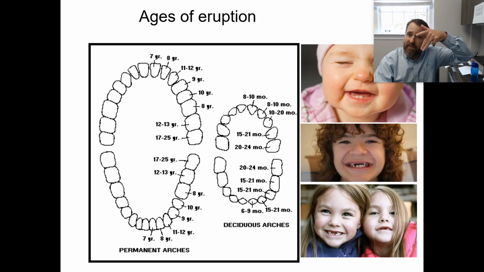And then come the 2 little teeth on the top. And the teeth sort of work their way in from front to back, getting those deciduous molars last. And then they're replaced by the adult teeth in much of the same way. The permanent teeth come in, starting at the front, and then working their way back.